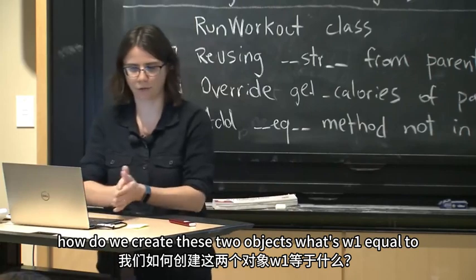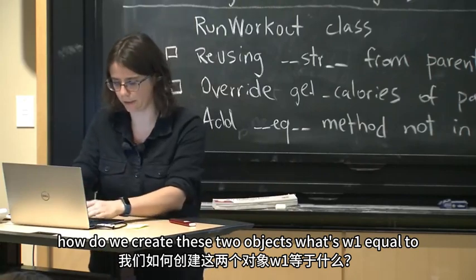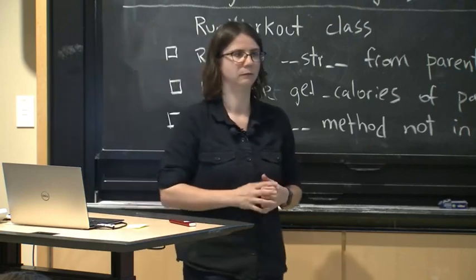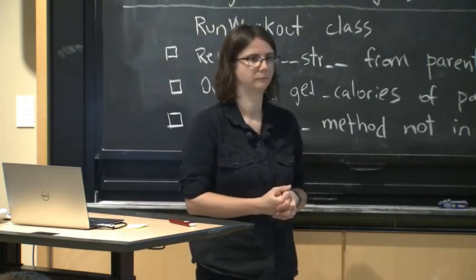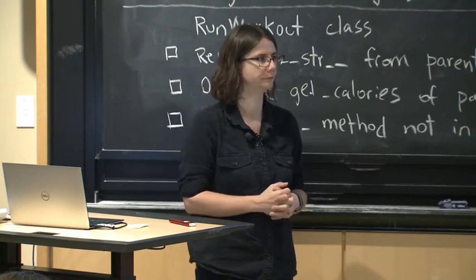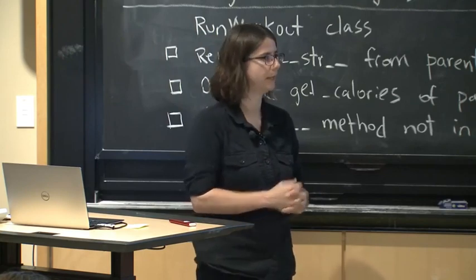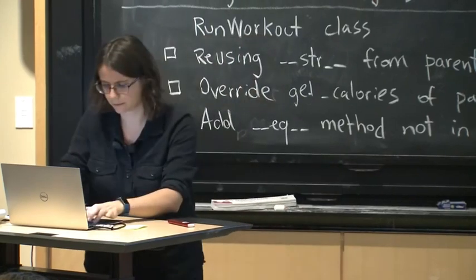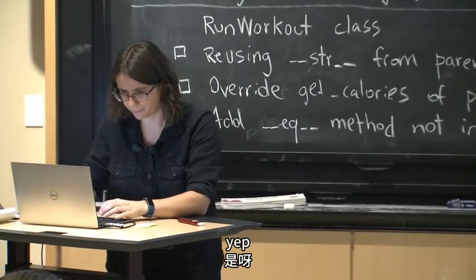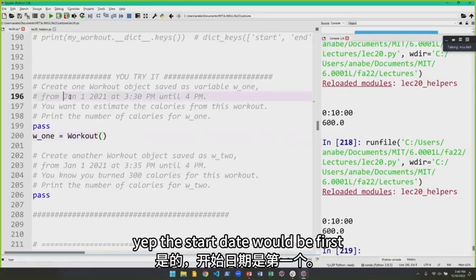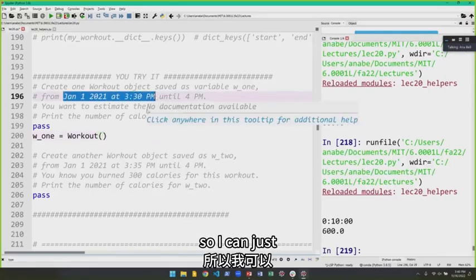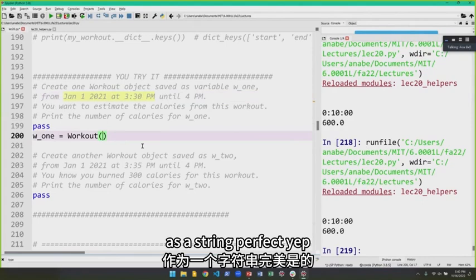All right, how do we create these 2 objects? What's W1 equal to? Yep, the start date would be first. So I can just put it as a string, perfect.